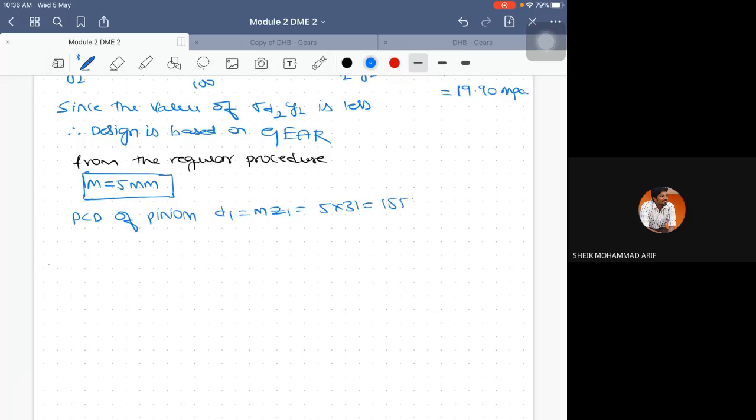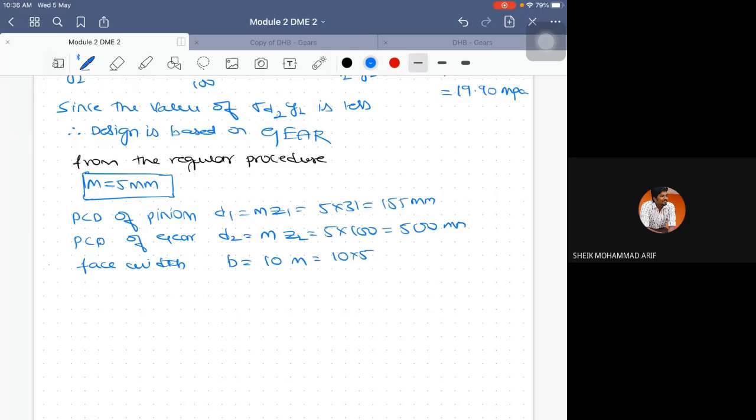Similarly, PCD of gear, D2 is equals to m into Z2. That is equal to 5 into 100. That is equals to 500 mm. Face width B is equals to 10 times of module. So 10 into 5, that is 50 mm.